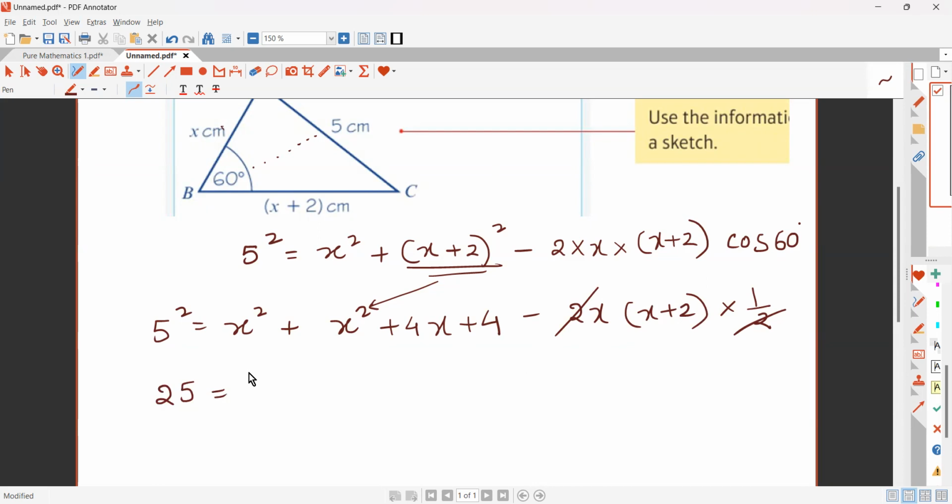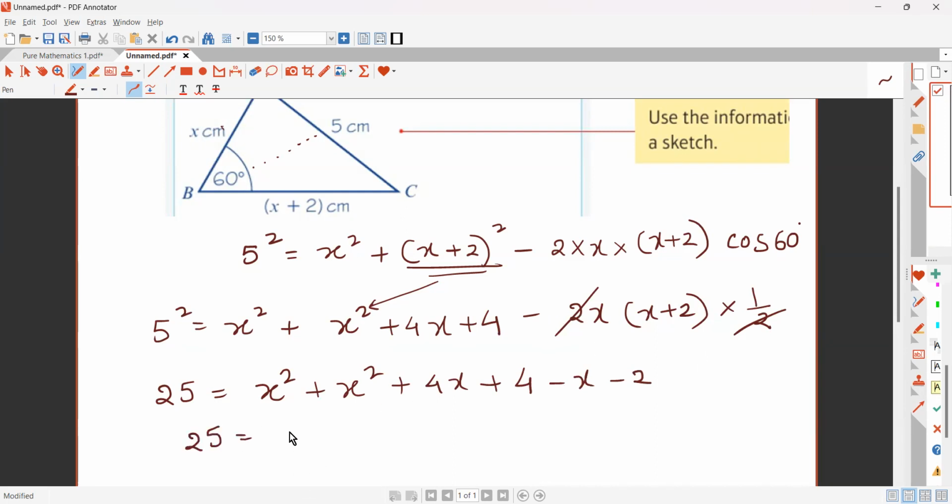Tell me, what are you confused about? Okay. x square plus x square plus 4x plus 4 minus x into x plus 2. So there is a minus sign.